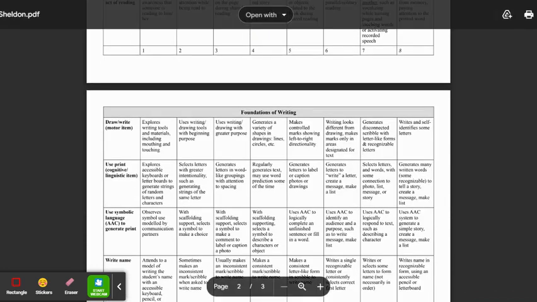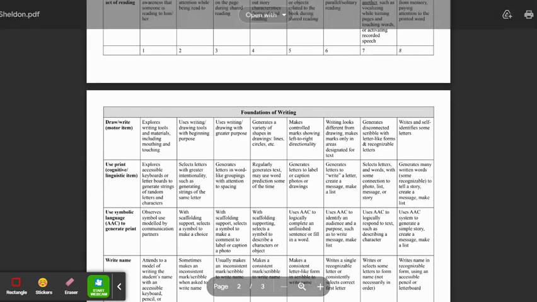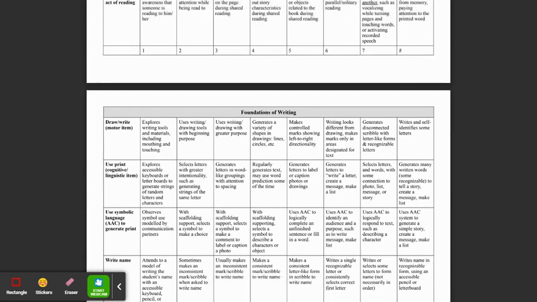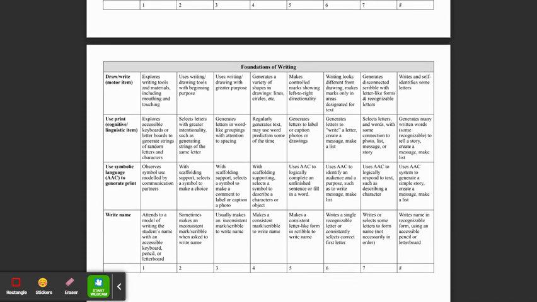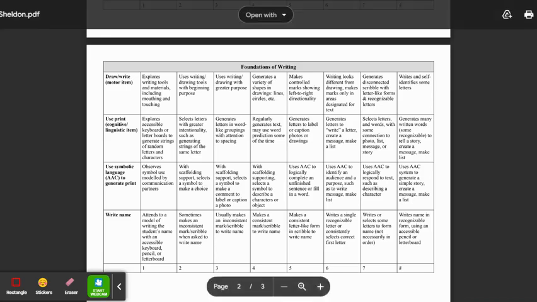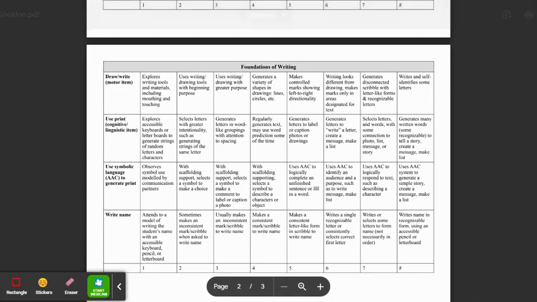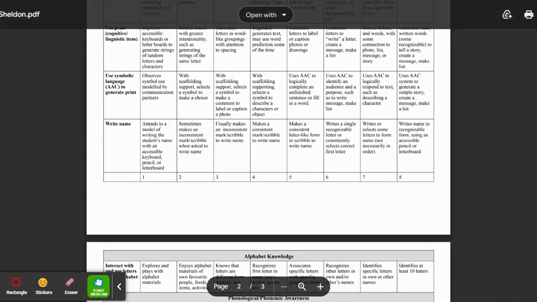That's just one example. So that's the area of foundations of reading. We also have the section for foundations of writing, which helps us substantiate and support writing in the classroom because we know it's a continuum. So looking at how they draw and write and have access to that support, using print, using symbolic language to generate print, and writing their name. If you're like me, you may not have realized that there were 8 stages of this.